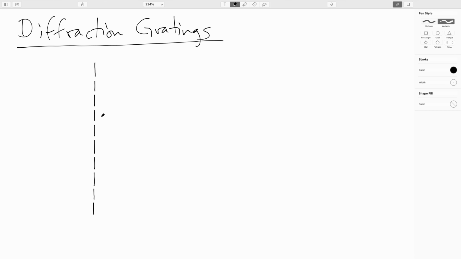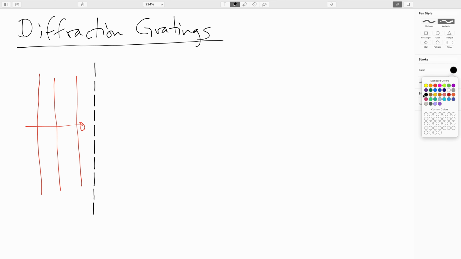So these are a whole collection of slits here, and it works exactly the same way as Young's experiment. So you'll have a plane wave of light coming in on the diffraction grating, but then it'll be the exact same deal.